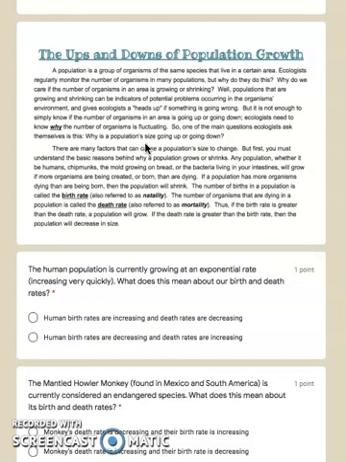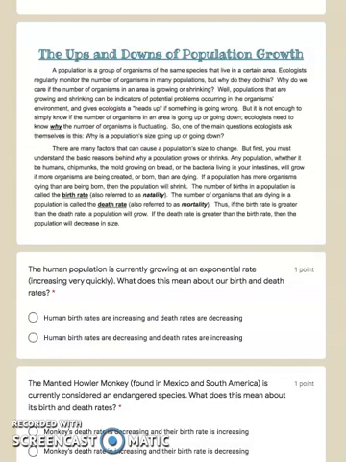But it is not enough to simply know if the number of organisms in an area is going up or down. Ecologists need to know why the number of organisms is fluctuating. One of the main questions ecologists ask themselves is this: why is a population size going up or going down? There are many factors that can cause a population size to change.